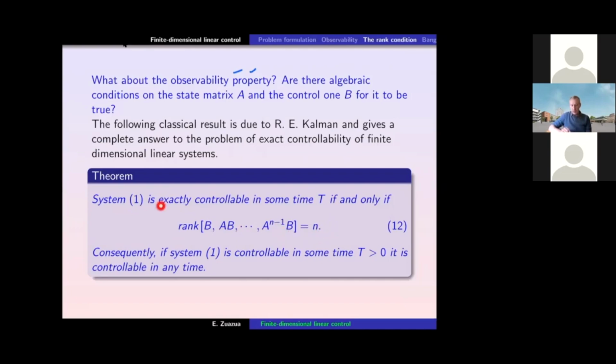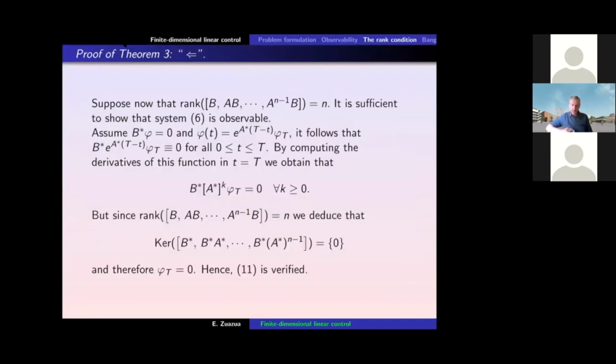And as we said the other day, because this condition is purely algebraic and the time horizon capital T is not involved in it, the controllability property holds in some time horizon if it holds in all time horizons, right? So as soon as you have this rank condition, the system is controllable for all capital T. And if the condition is not fulfilled, the system is never controllable, right? Let me give you the proof, right?